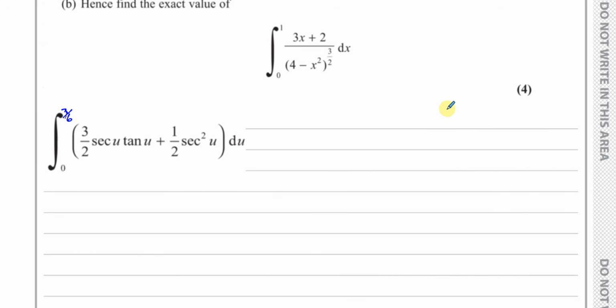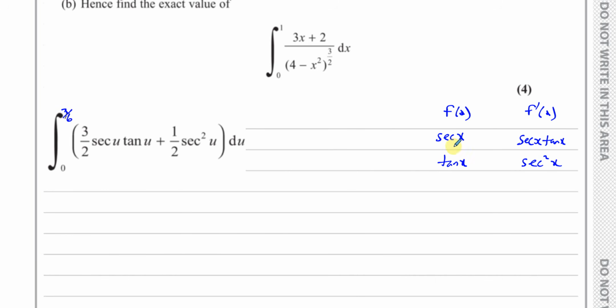We know they tell us that if f of x is secant x, then f dash of x is secant x times tan x. And they also tell us if f of x is tan x, then the differential of tan x is secant squared x. And we can prove these actually, by using what's called the chain rule.